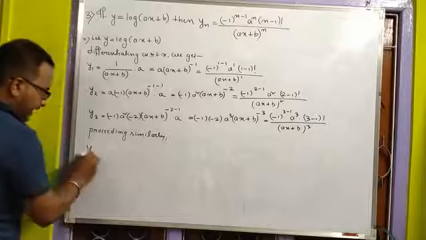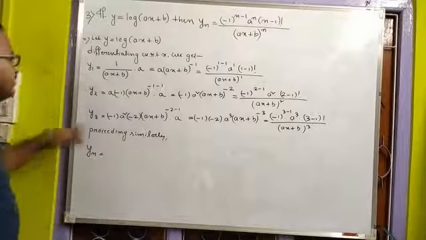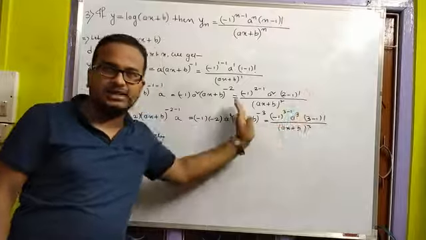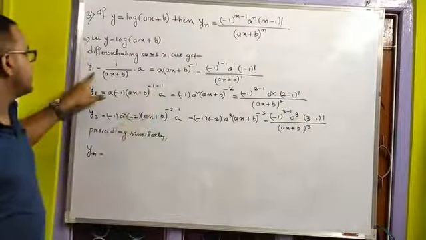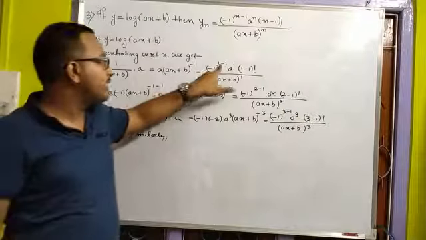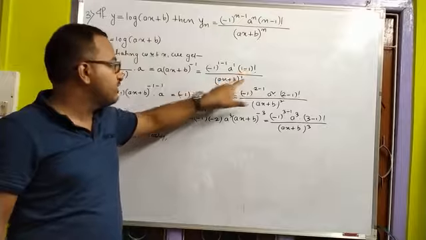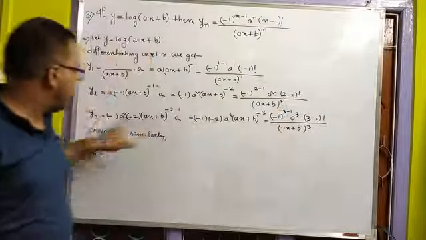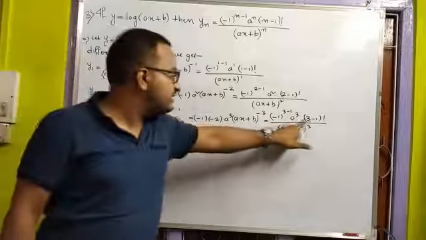we get yn. So similarly you see all the derivatives have the same structure. Now it depends on this suffix. When it is 1, there is 1; when it is 2, it is 2; when it is 3, it is 3. Right?